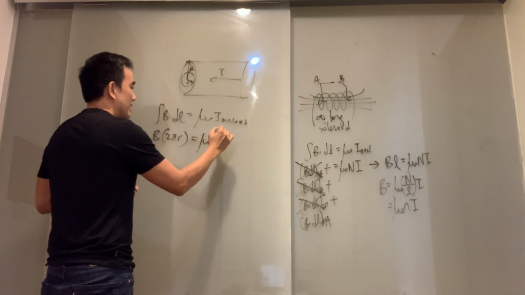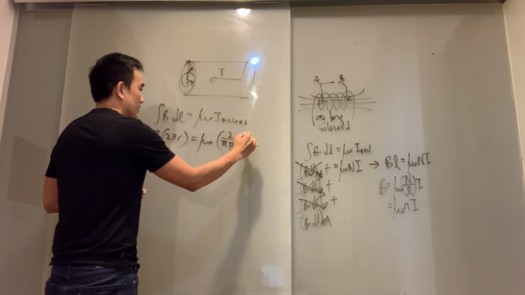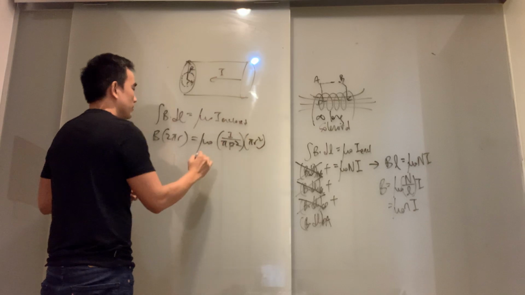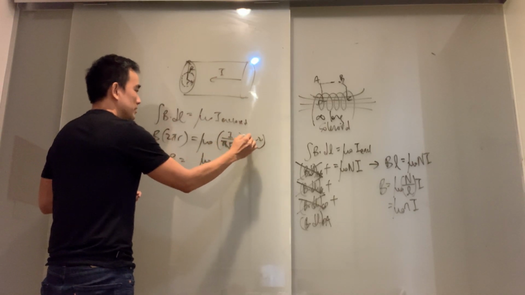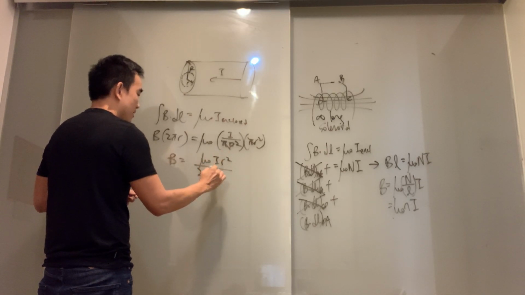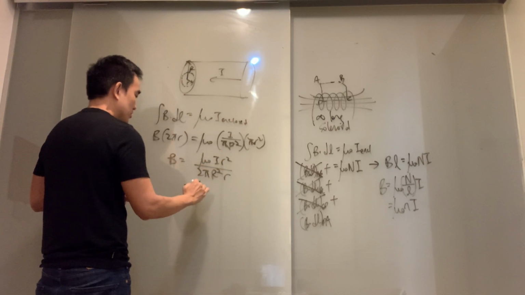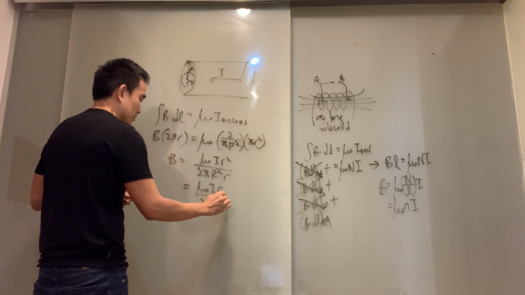Mu naught I enclosed is equal to I over pi R squared times pi r squared, which therefore, if you work it out, B is equal to mu naught, this cancels out, I r squared upon 2 pi R squared r, which is mu naught I r upon 2 pi R squared.